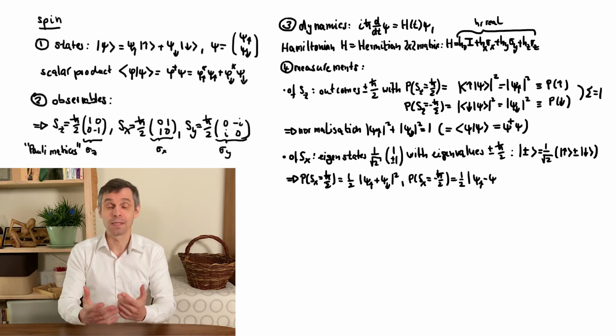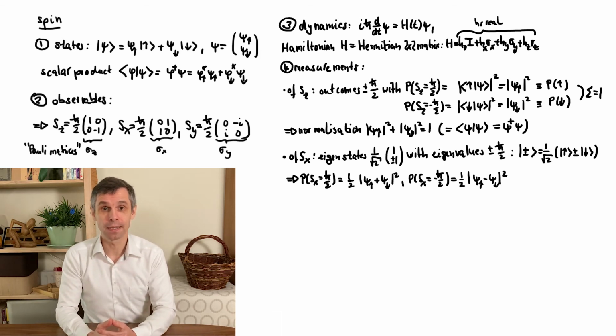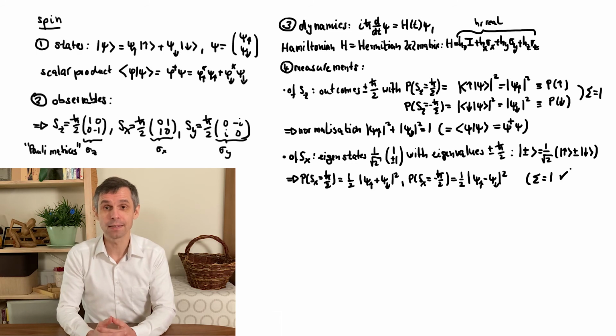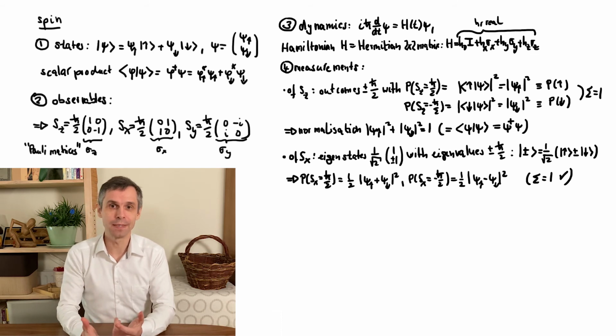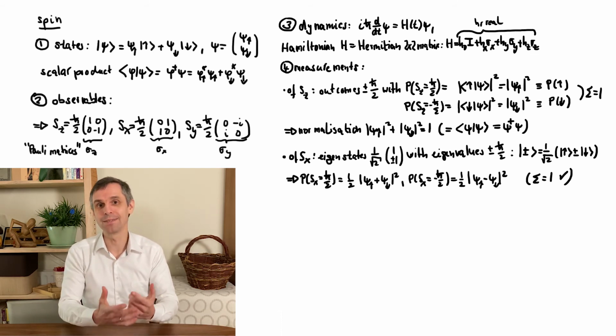Note that this involves the same information as we needed to obtain the probabilities for Sz, just in different combinations. That's analogous to how the position wave function was all we needed to calculate the probability density for momentum.